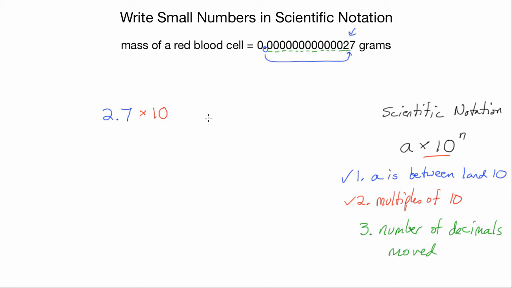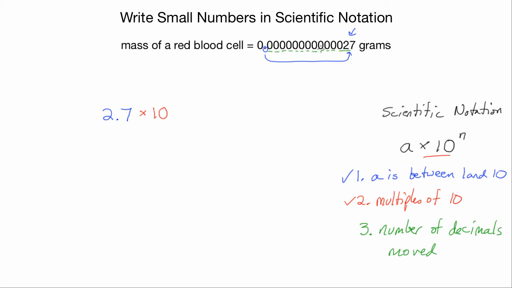Now, with large numbers, we put a positive exponent because we took a large number and made it a smaller number between 1 and 10, but to get back to the original number, we multiplied by a lot of tens. This is a very small number. To turn 2.7 into this number is a lot of division by tens. I'm making it smaller. As I go to the right, I'm making it smaller by another power of 10.